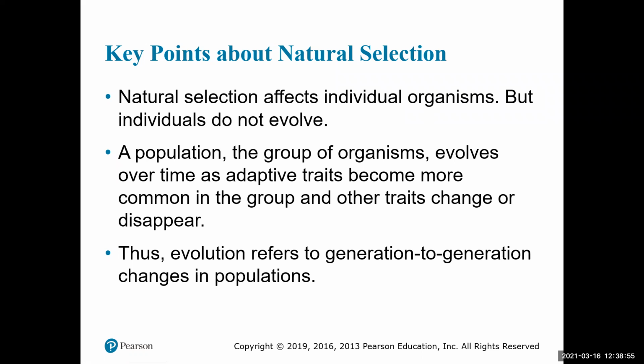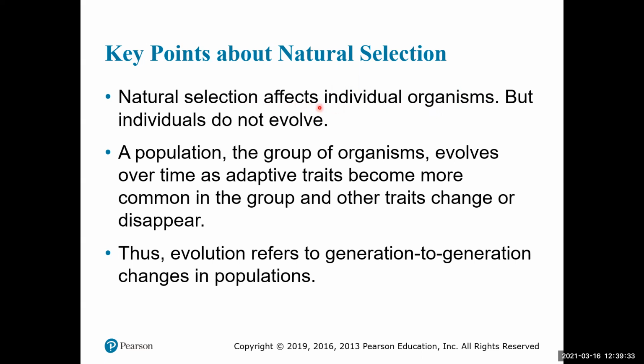And one of the key things with natural selection, and I mentioned this before, is that natural selection will act on individual organisms, right? So if an individual mouse has a white coat color on the beach, natural selection will favor that organism versus one that doesn't camouflage with its coat color on the beach. So that individual organism will have an increased fitness value.